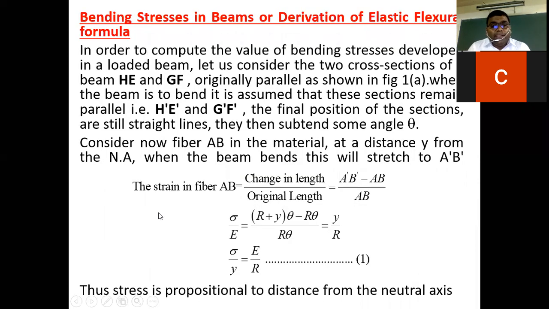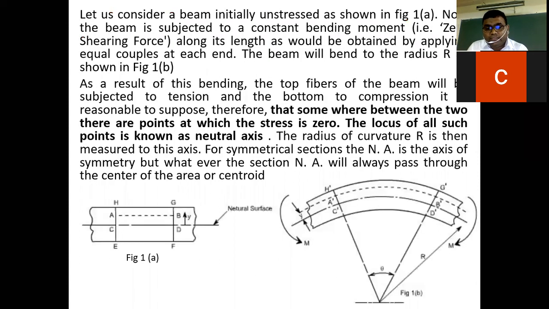Okay, let's move ahead. Now we are going to find out the bending equations. In order to compute the value of bending stress developed in a loaded beam, let us consider two cross section areas of the beam. We have taken the two sections, cross sections HE and GF. This is the portion we have considered.